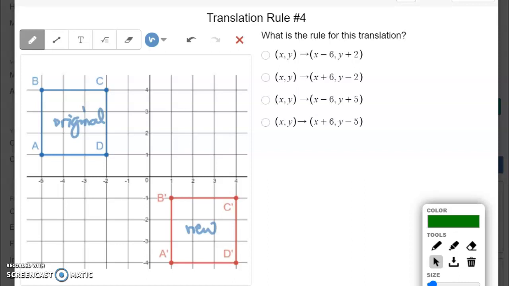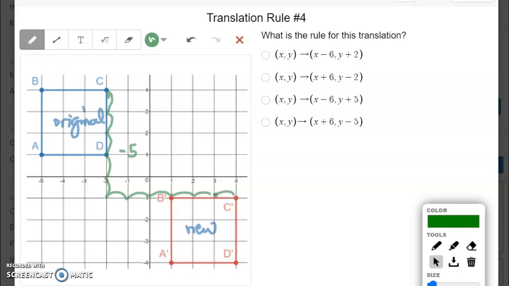How is it changing? Okay, to figure out how it is changing, you can count. We say, okay, it is changing 1, 2, 3, 4, 5. Vertically, it's going down by 5, so we can say negative 5. What about horizontally? It's moving 1, 2, 3, 4, 5, 6. So it's moving to the right.